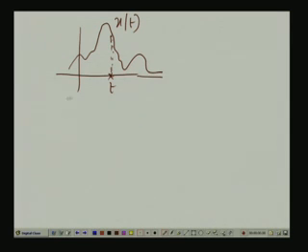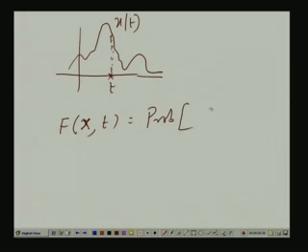That means we can define simply like this: F_X(x, t) is nothing but the probability of this random sample x(t) taking value less than or equal to capital X. So, x(t) is a random variable as long as t is fixed, and then the probability of its taking values less than or equal to capital X is indeed the probability distribution function.